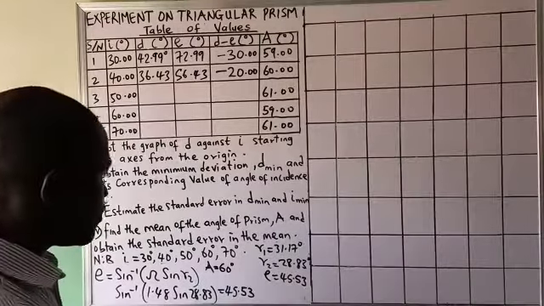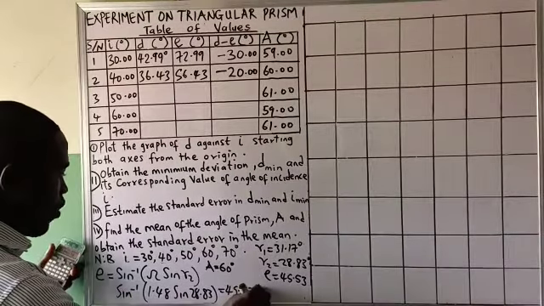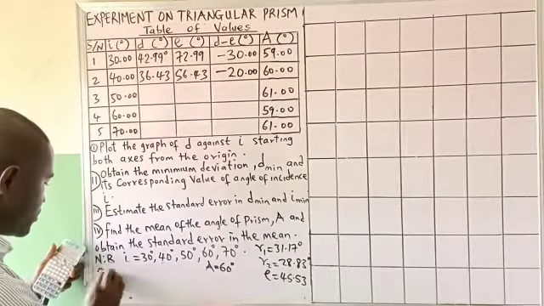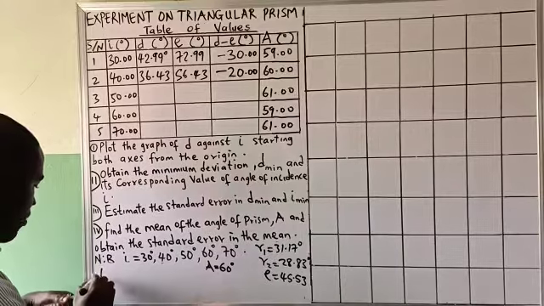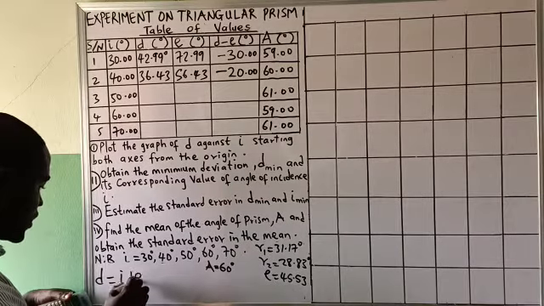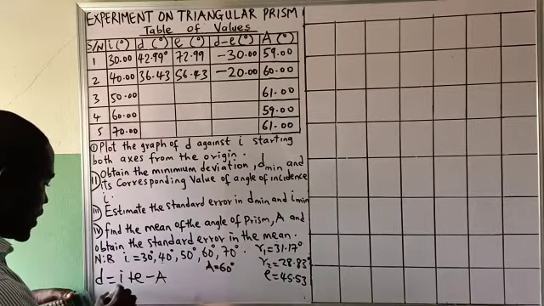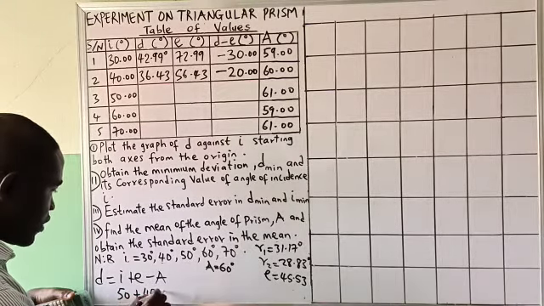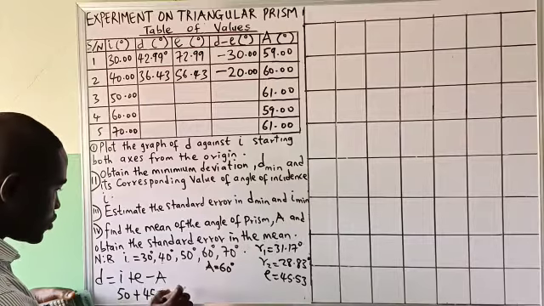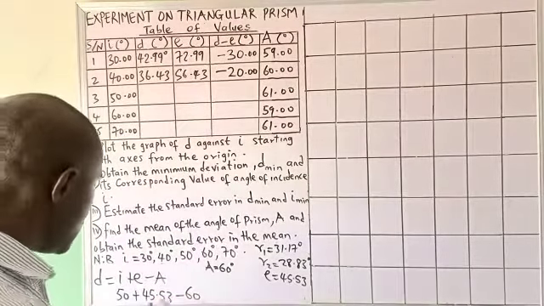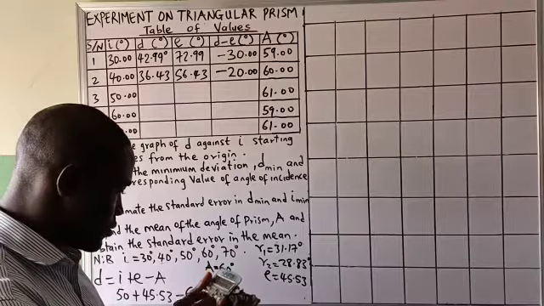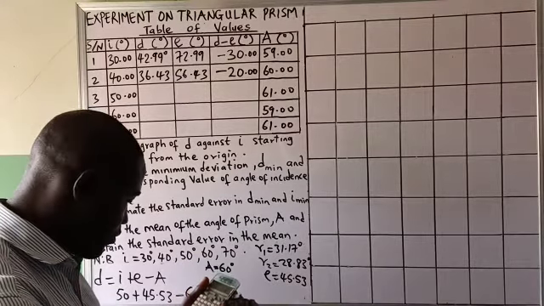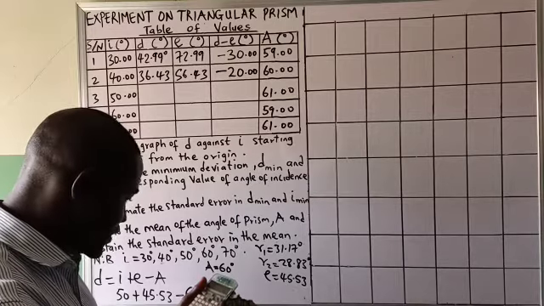Okay, then we say our E is equal to 45.53. Then what will be our D? From the formula D equals I plus E minus A, we say that it is 50 plus 45.53 minus 60.